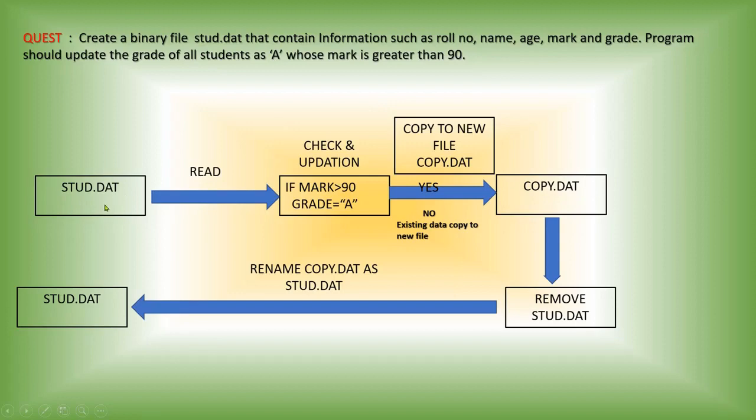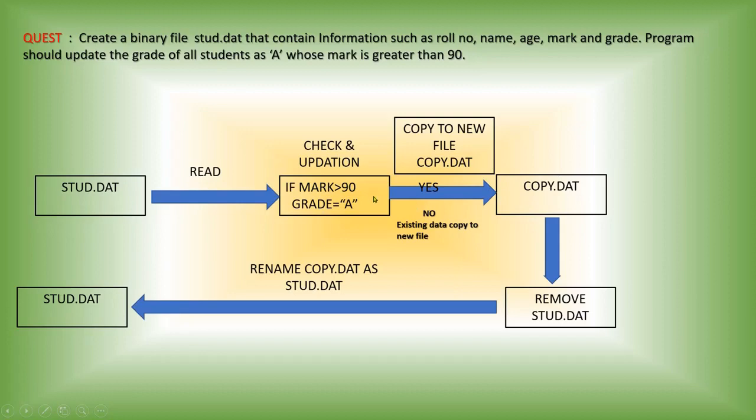After creating that file, you have to read the content of the file and check the condition. Check whether the mark is greater than 90. If it is greater than 90, you change the grade as A. That means this change takes place only within that list variable. After that, this changed record you write into a new file.